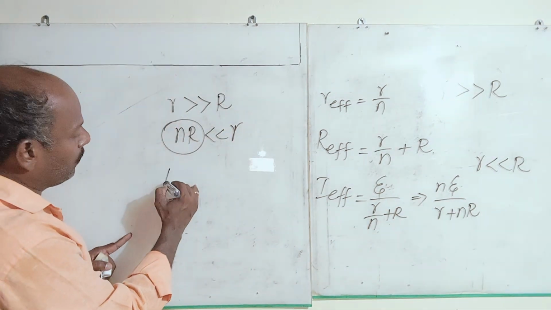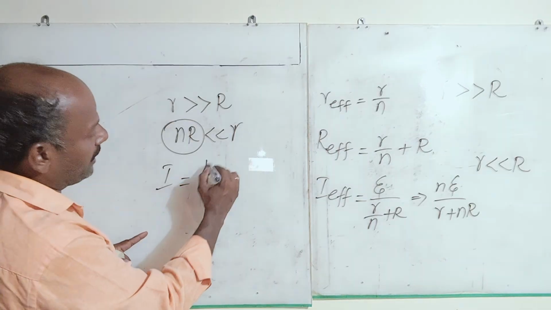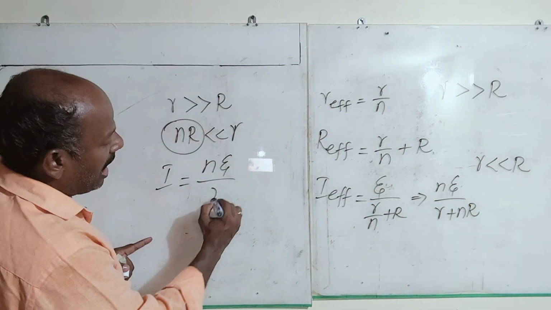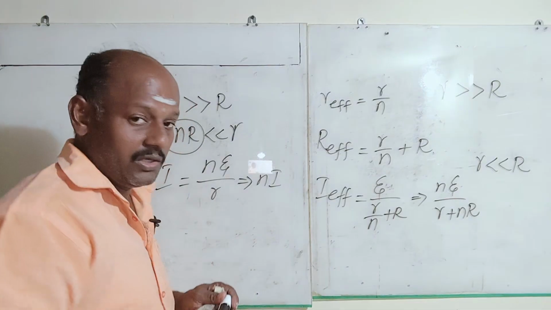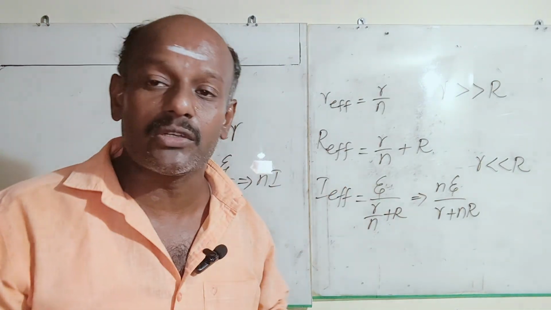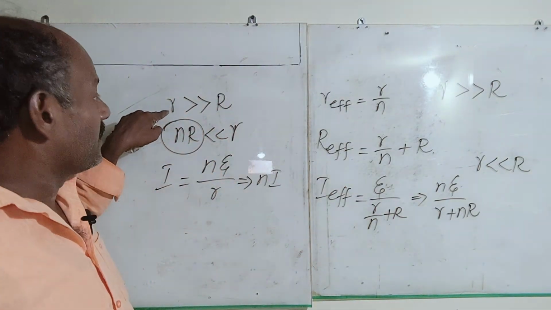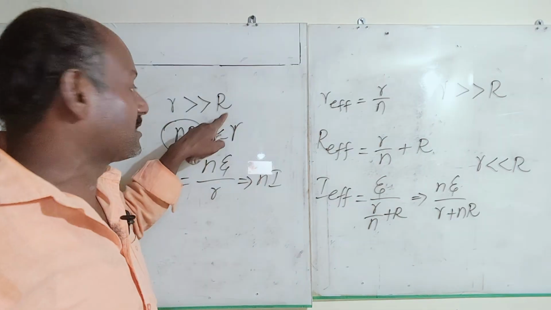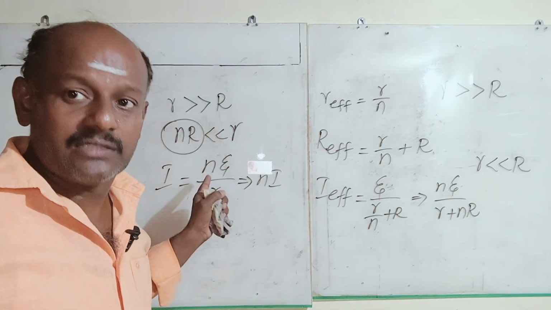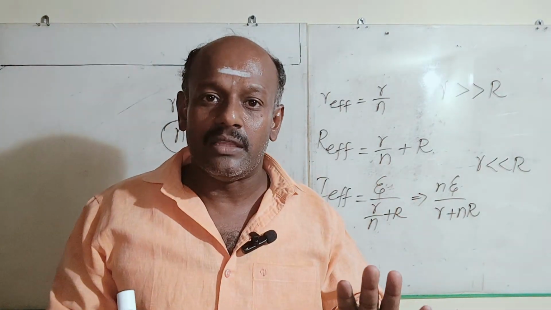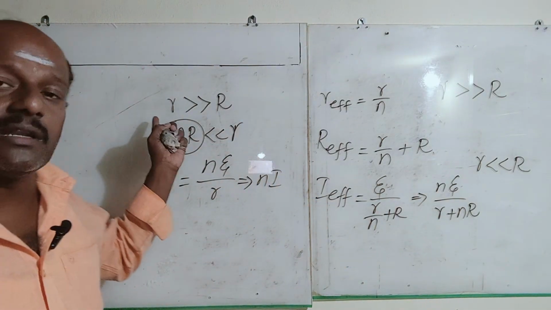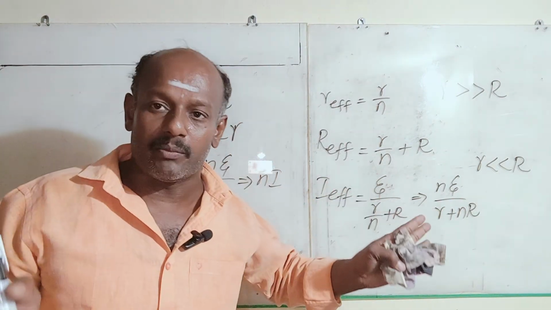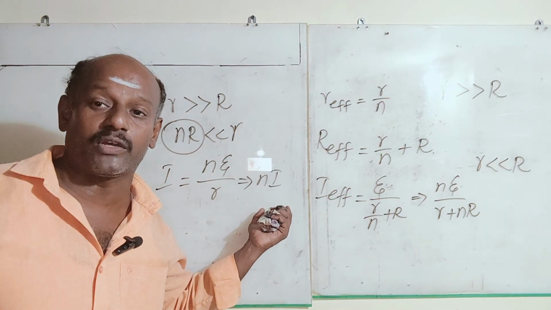So I will have I equal to n times E divided by R, which will be equal to n times I. So I can have the maximum amount of current when the internal resistance is greater than the external resistance. So when we connect the cells in parallel, even when the internal resistance is greater, no problem, we can have the maximum amount of current.